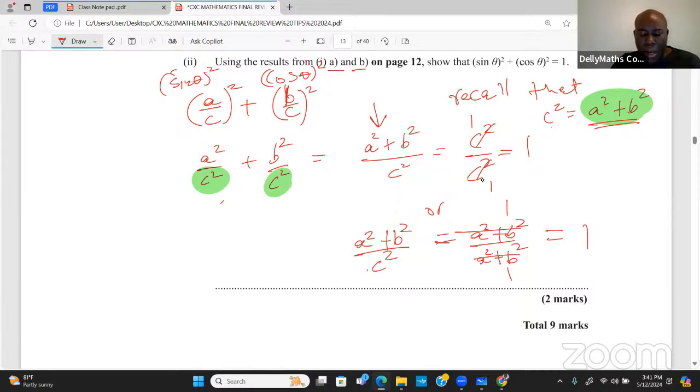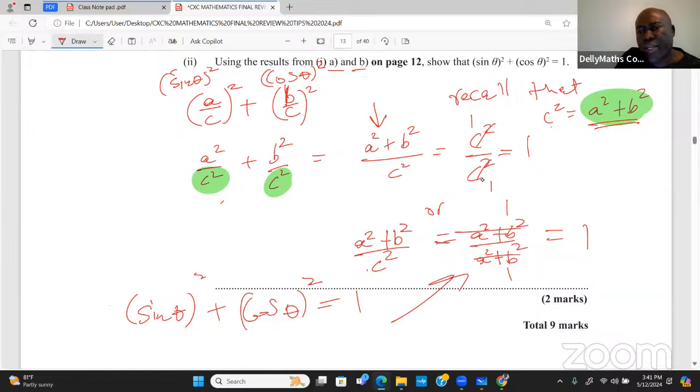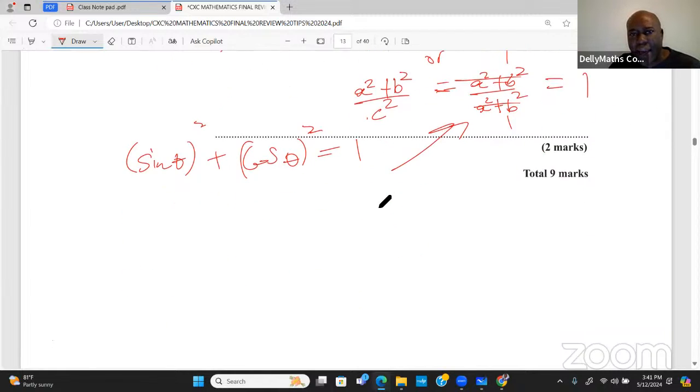So the conclusion is that sine theta squared plus cos theta squared does give 1. We just proved it 2 different ways. In an exam, you only need to do it one way. Please do not waste any time. This is just for instructional purposes that I landed it like that, okay?